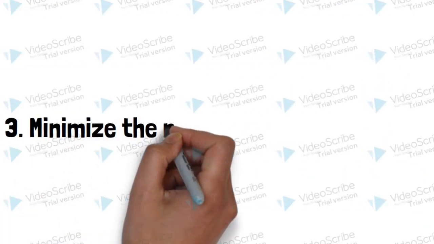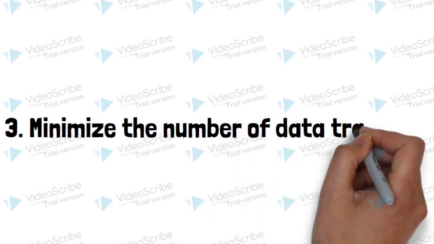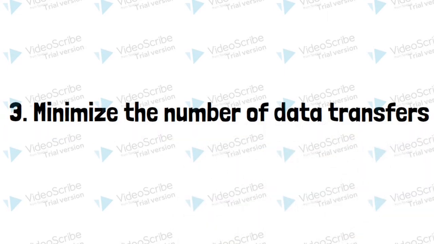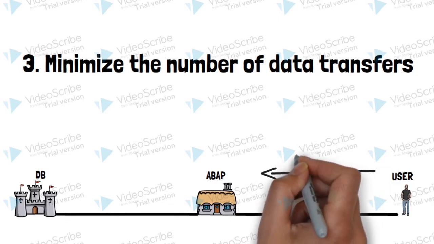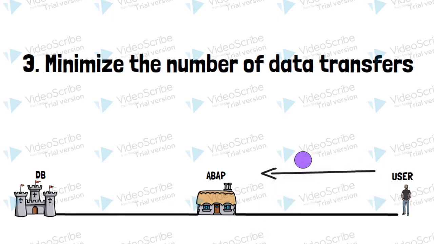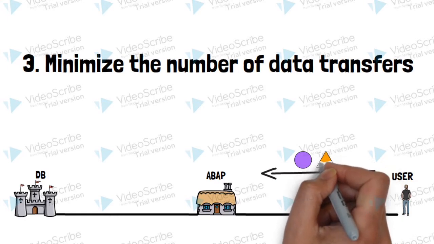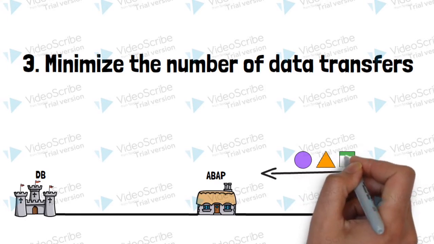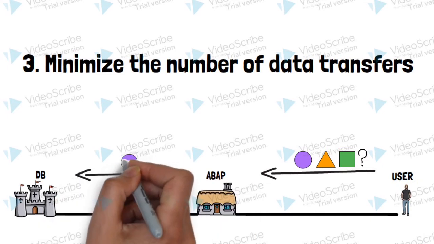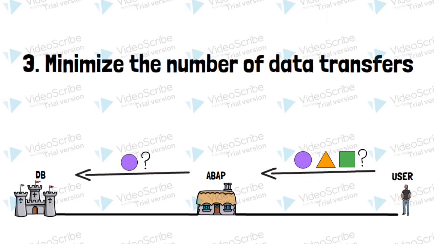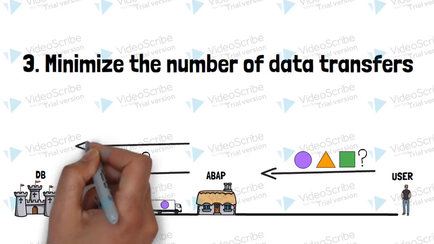Rule 3. Minimize the number of data transfers. At first, our developer thought, it would be nice to reduce the quantity of round trips between application server and database in my program. But very soon he was distracted by the cat and forgot about that. Designing joins and subqueries seemed too complicated for him, so he decided to use nested loops instead.